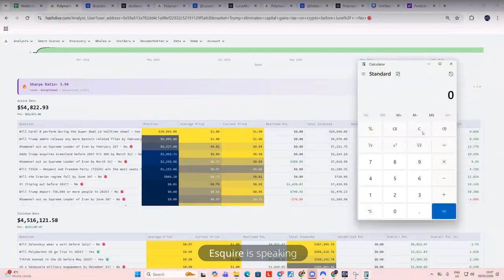We know that his portfolio is roughly 82,000. So 30,000 divided by 82 is roughly 1/3 of his portfolio. To me, that's a little bit high. I don't want 1/3 of my portfolio stacked into any position.